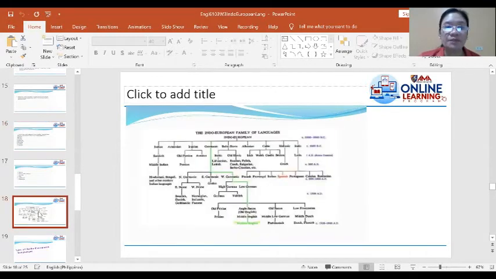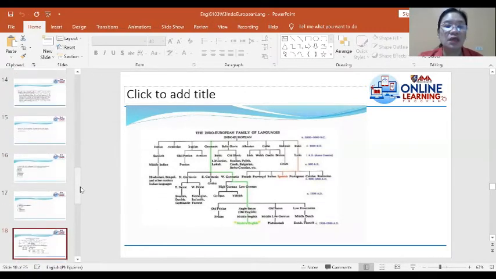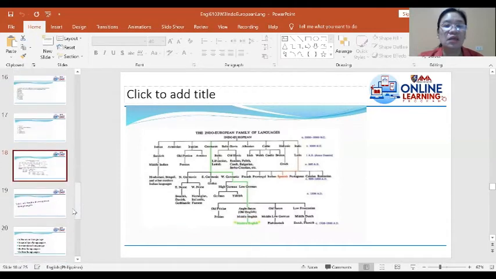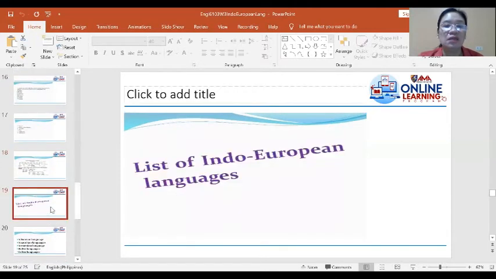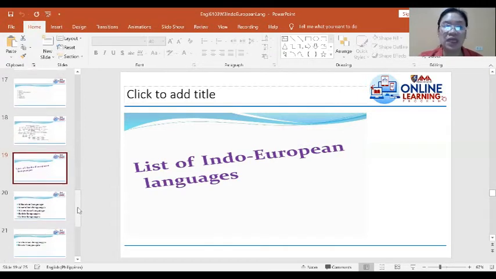Okay, so as you can see here, the diagram of the Indo-European family of languages. Okay, so to sum up, we have here the list of these Indo-European languages.